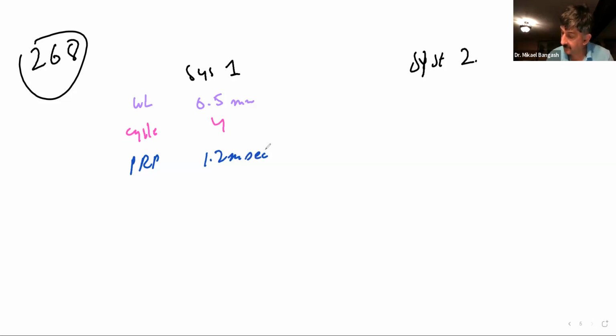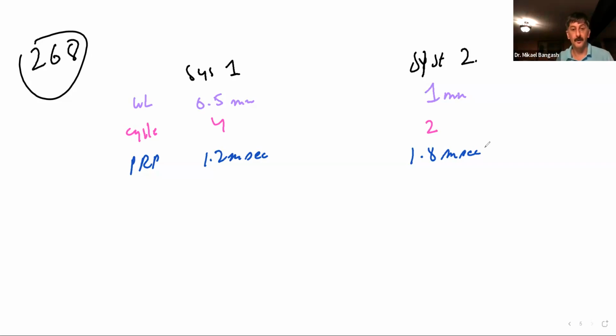Now the pulses from system 2 have a wavelength of 1 millimeter, 2 cycles per pulse, and a pulse repetition period of 1.8 milliseconds. Now, which ultrasound system will have the lowest numerical value of axial resolution?